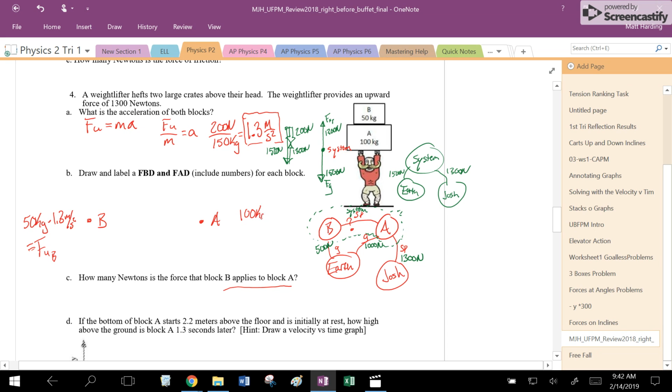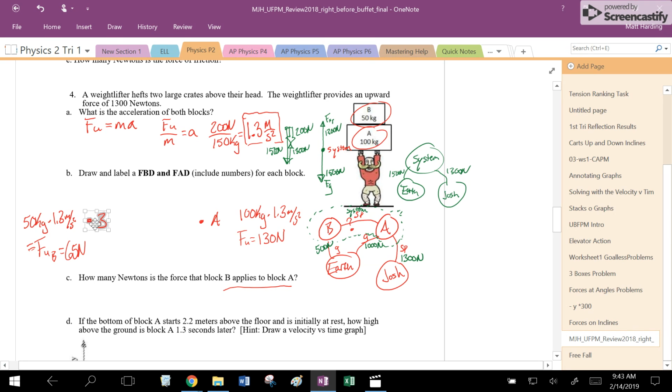If they're connected bodies, they've got the same acceleration. 50 kilograms is the mass of block B, and 100 kilograms is the mass of block A. I'll do this one. This is going to be F_U equals 65 newtons.